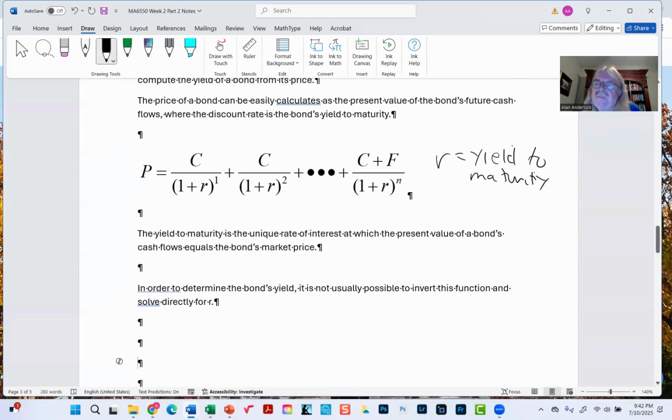So instead, we have to resort to numerical methods, specifically, root finding techniques, they're called.